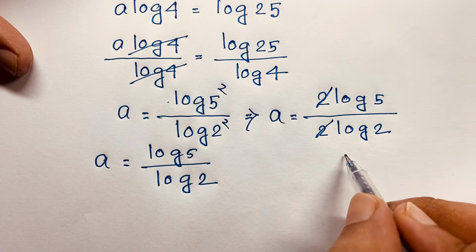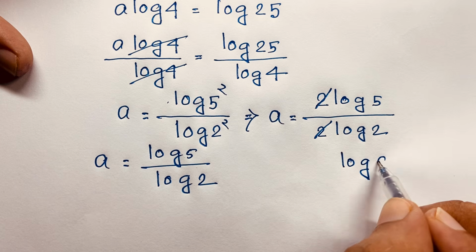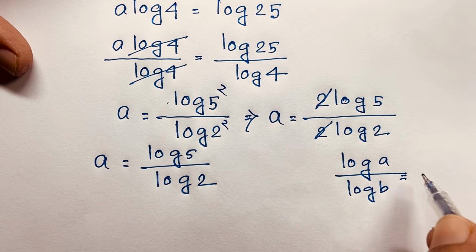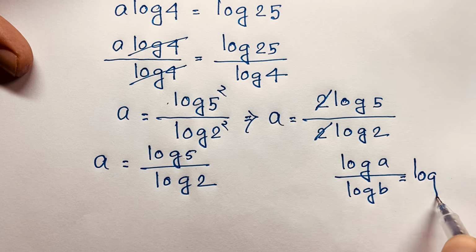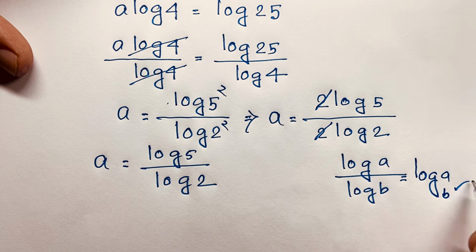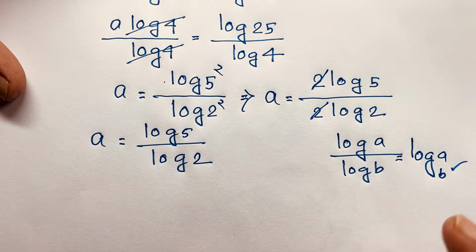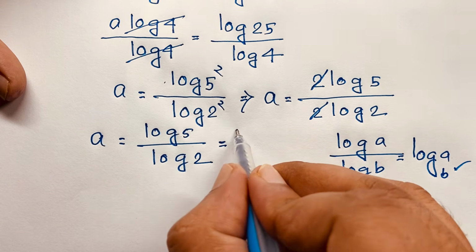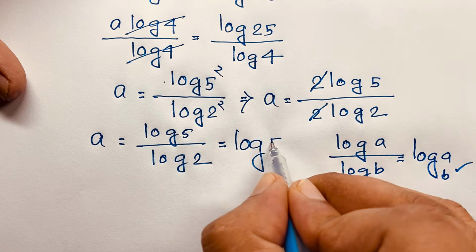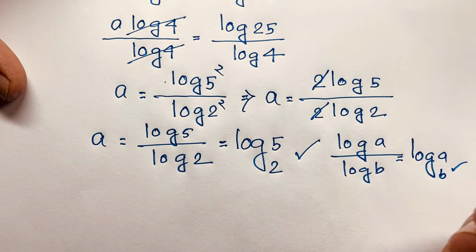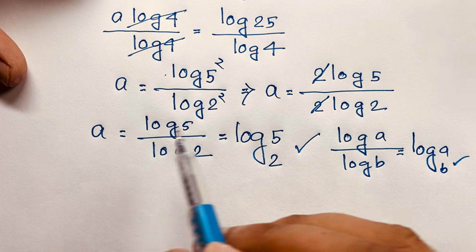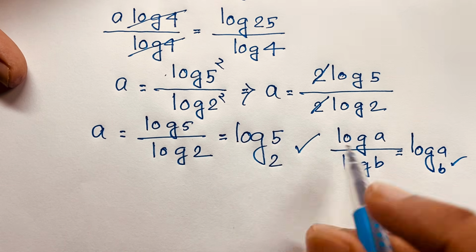Now you know that log a over log b is log a base b. If I apply this natural log formula, we'll find out it is log 5 base 2. This is our final answer in this exponential expression. A is equal to log 5 base 2.